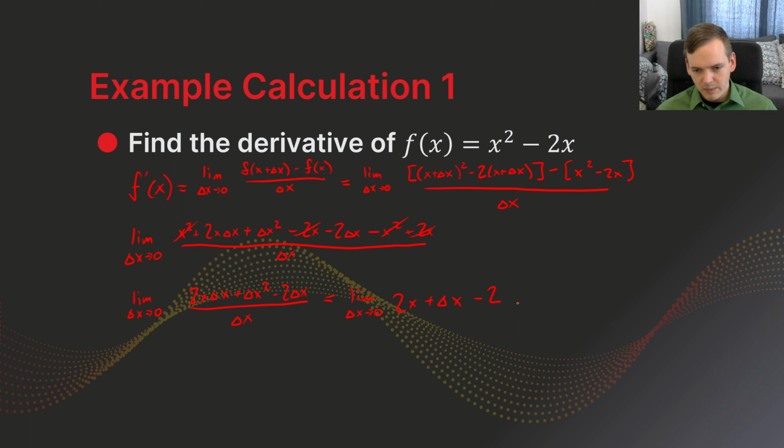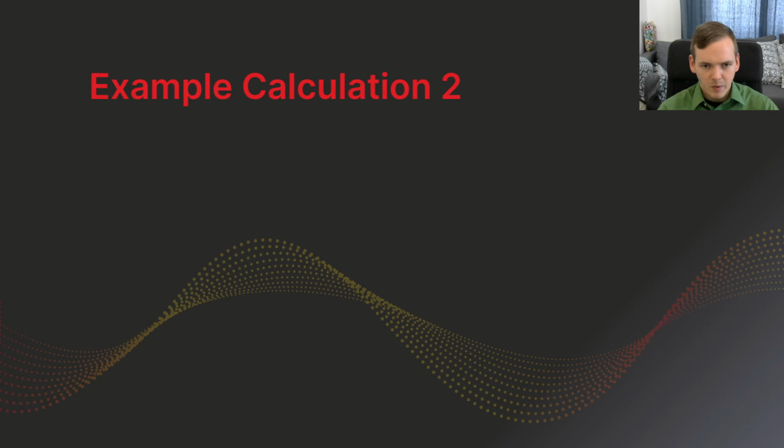And then when we take the limit as delta x approaches 0, that is equal to 2x minus 2. So in other words, f prime of x is equal to 2x minus 2. And so this is how we use the first form, the general form of the derivative definition, to calculate the derivative function from a known function.